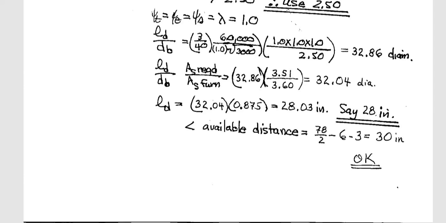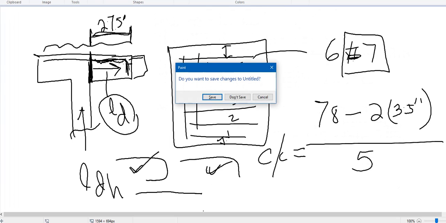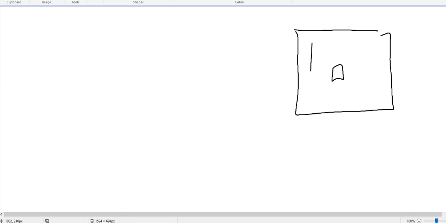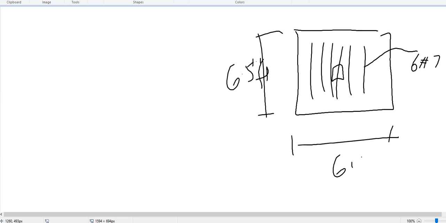The final step is detailing, which means always show your design in a neat sketch so that the field labor or field engineer can identify it. So what is the neat sketch? Draw a plan view and 1, 2, 3, 4, 5, 6 bars. So tell it 6 number 7 bars, and this is 6.5 feet, this is 6.5 feet.